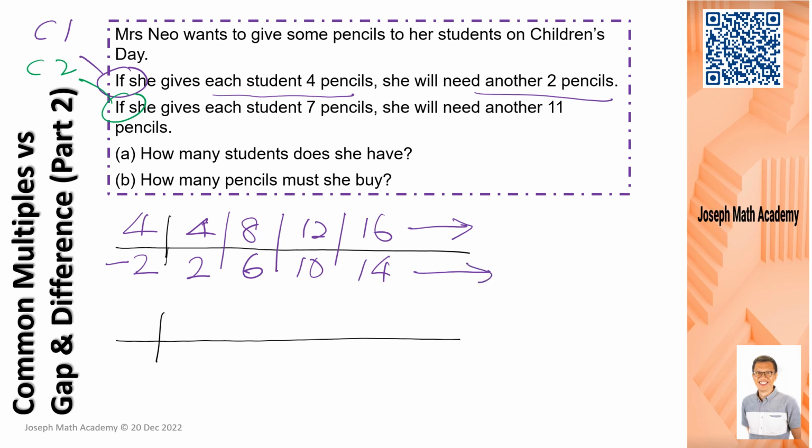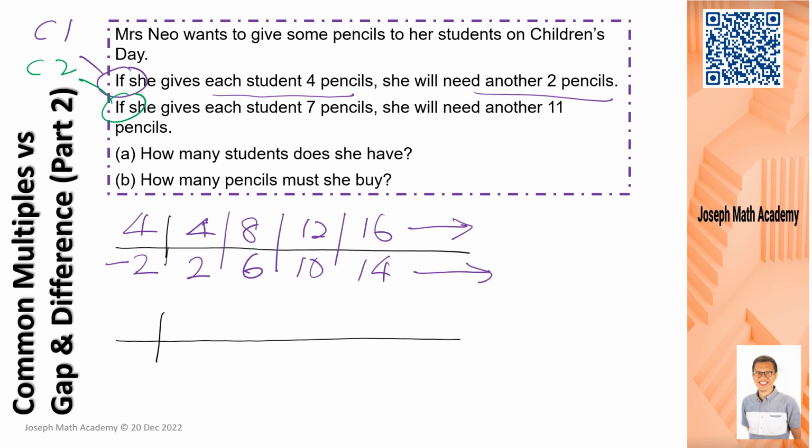Now, why are we doing that? It means that if she has 1 student, that student will get 4 pencils, but actually she is short of 2. She needs another 2. So on hand, she has only 2 pencils to give to that student, but she wants to give the student 4. So she needs 2 more. So 2 plus 2 gets you 4, right?